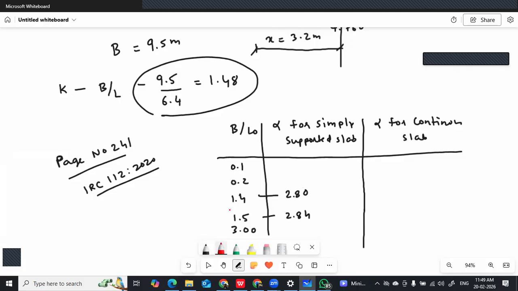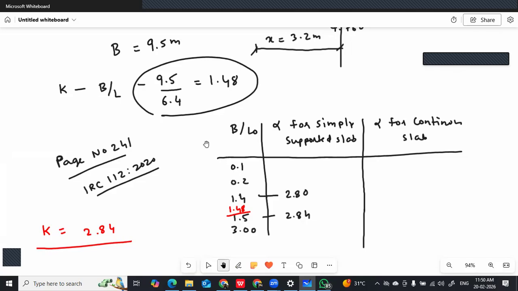And we need to find it for 1.48. You can do the interpolation and find the value of K. You can take 2.84 also because it is very near to 1.5. You don't have to interpolate if it is very near to any value.